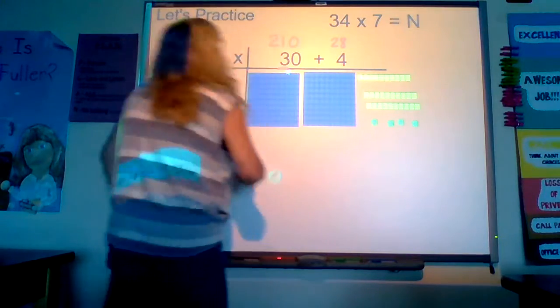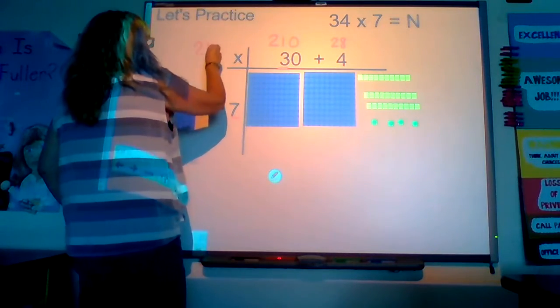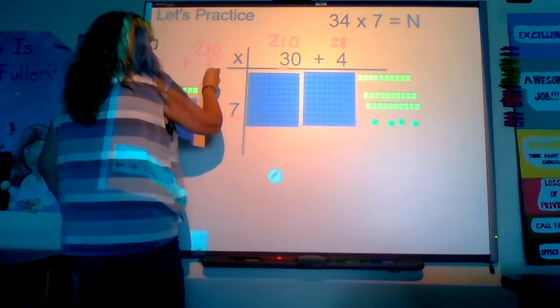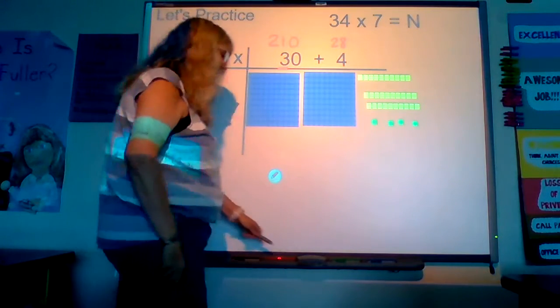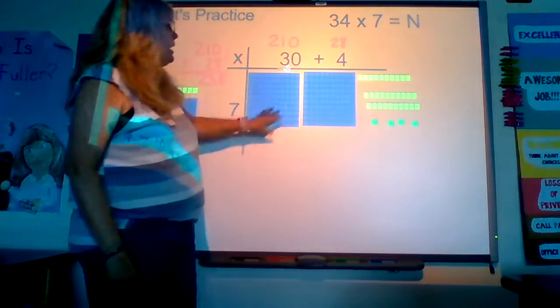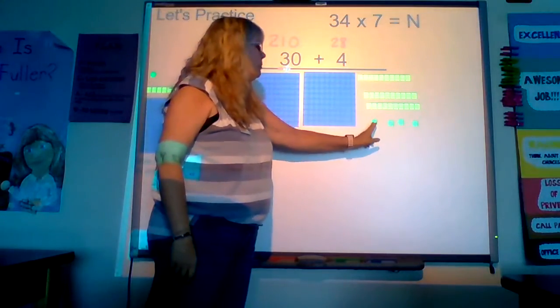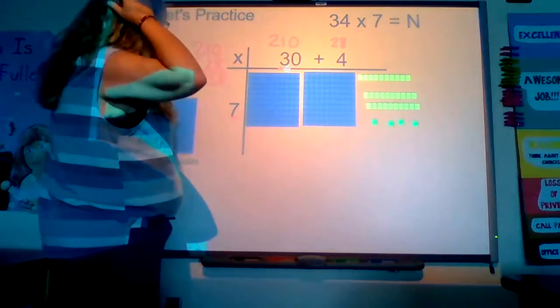And I'm going to add them up. So 210 plus 28 is 238, and if I count my models, 100, 200, 210, 20, 30, 1, 2, 3, 4.